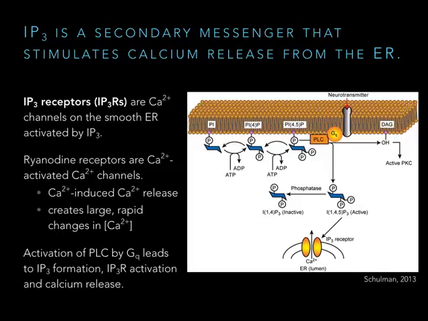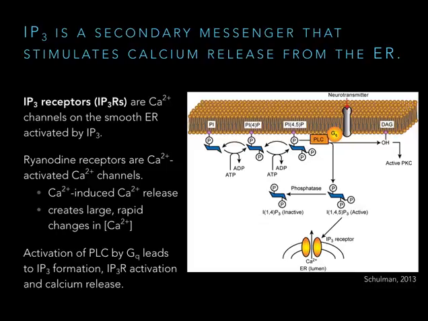So if we activate a Gq coupled G protein coupled receptor, then that Gq alpha subunit will activate phospholipase C. When phospholipase C is activated, it's going to liberate IP3 from the membrane, so it's going to cut phosphatidylinositol bisphosphate and create IP3.